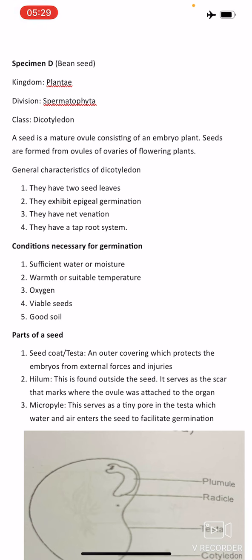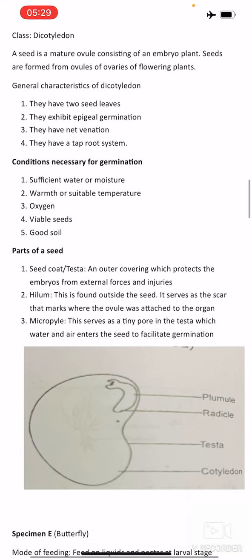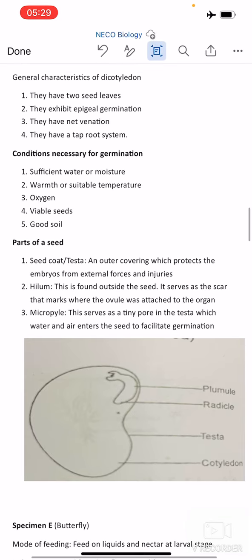I just quickly explain that a seed is a mature ovule consisting of an embryo plant, and seeds are formed from the ovules of ovaries of flowering plants. The general characteristics of dicotyledons: they have two seed leaves, they exhibit epigeal germination, they have net venation, and they have a taproot system.